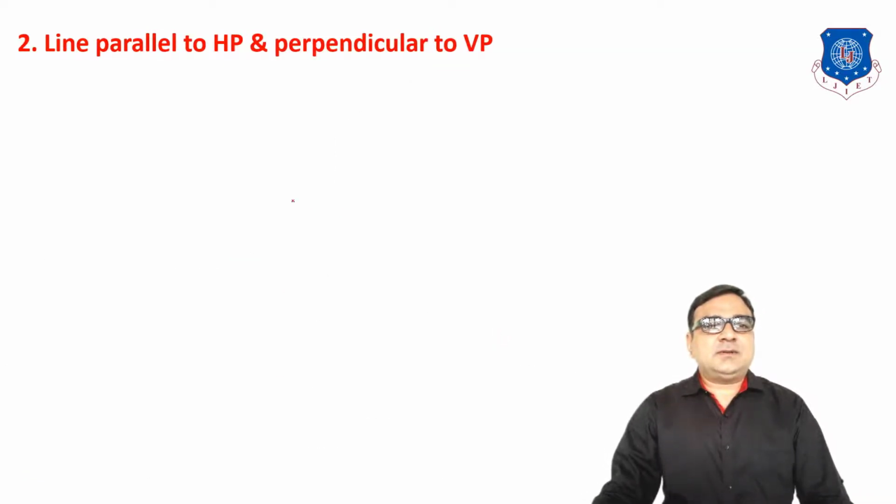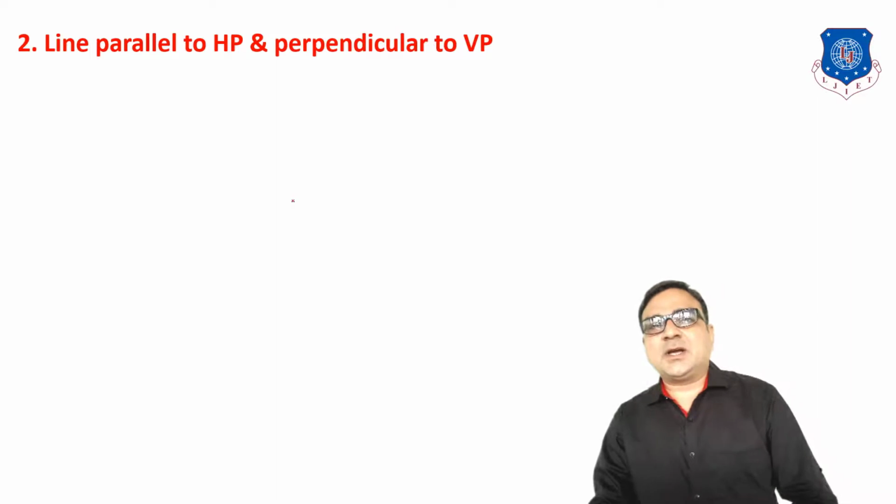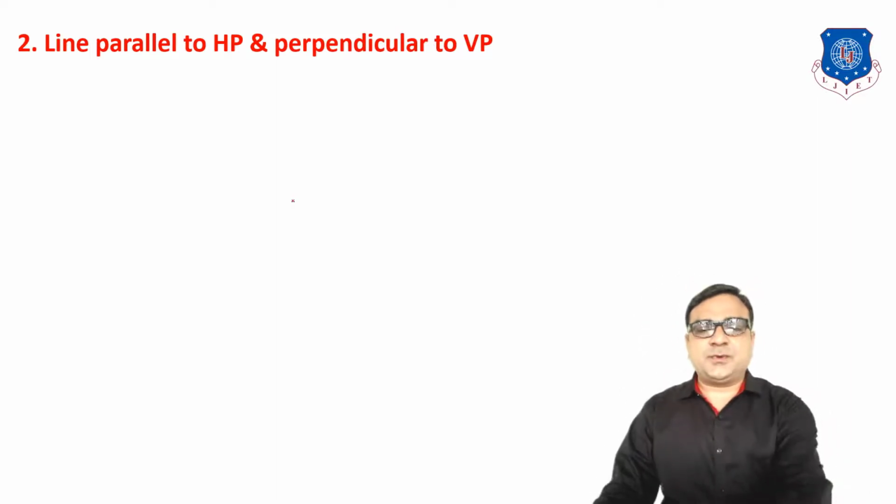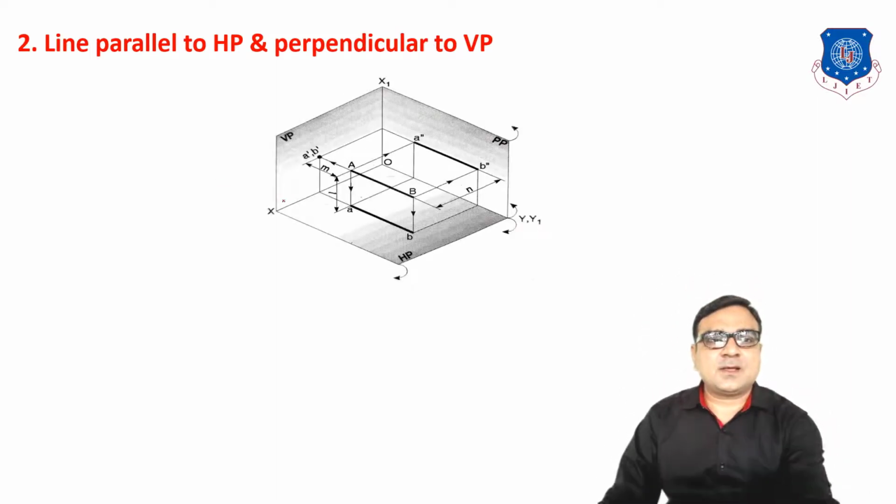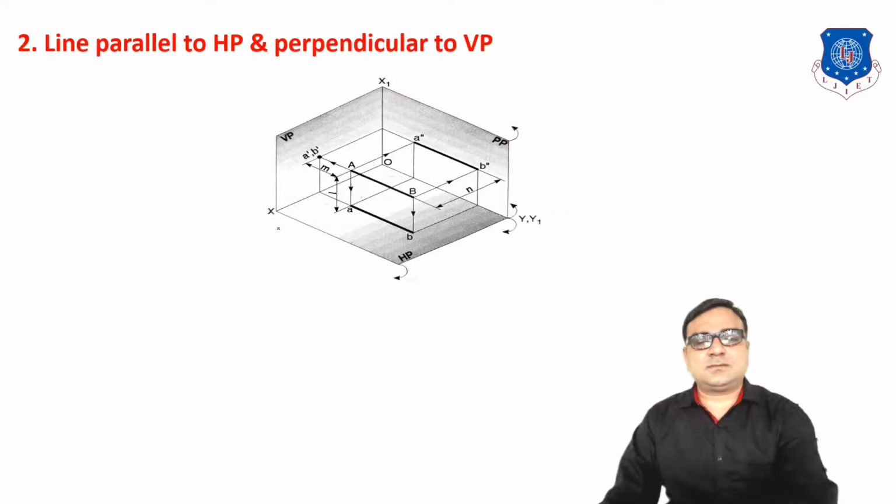Now, the second case, when the line is parallel to HP and perpendicular to VP. Here, this is the position for front view. If the line is perpendicular to VP, the front view is a point A dash B dash, and the top view of line AB on the horizontal plane is small ab.